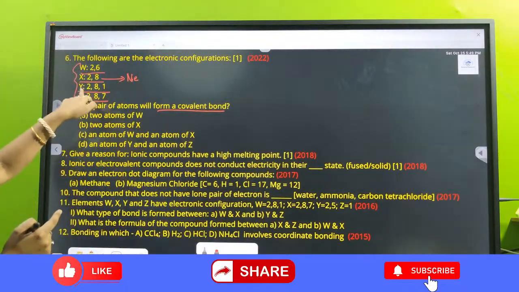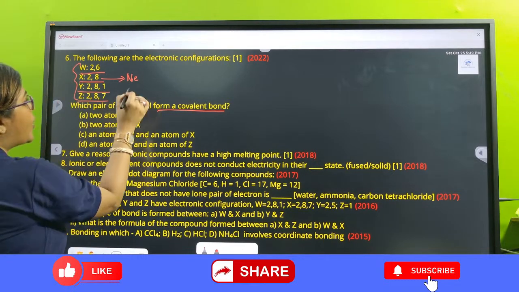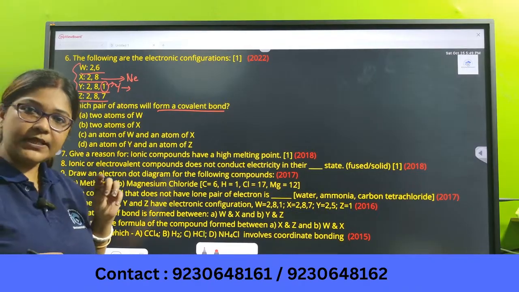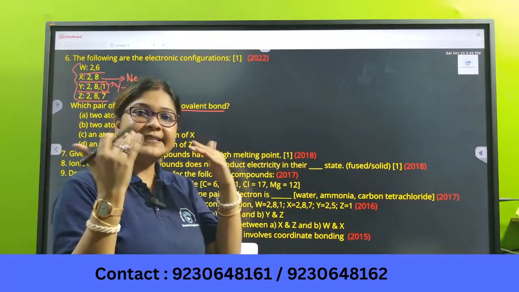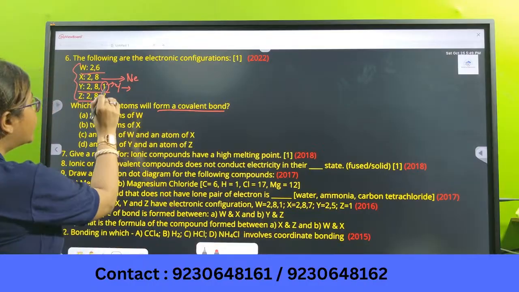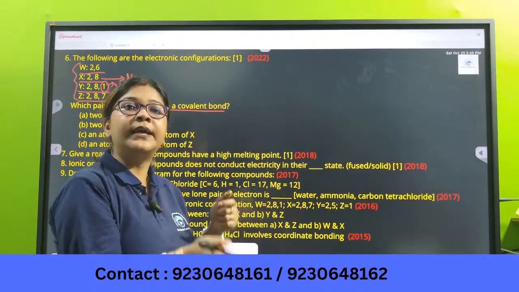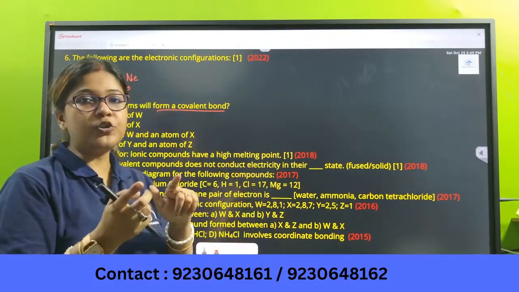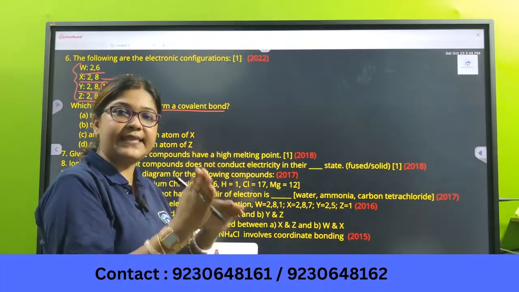For 2, 8, 1, the easiest way is that Y will donate this electron, because in order to gain 7 electrons, it is easier to donate 1 electron. As it is transferring 1 electron, it will come under the category of electrovalent compounds, or it can readily form an electrovalent compound as that of a metal.